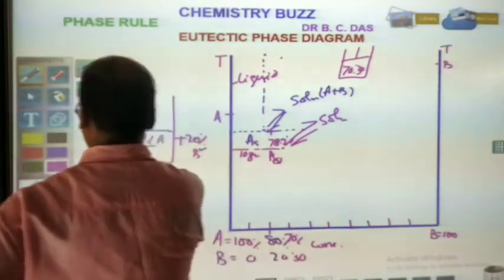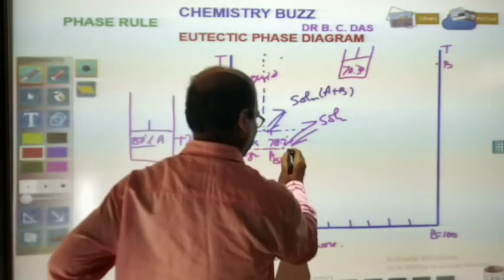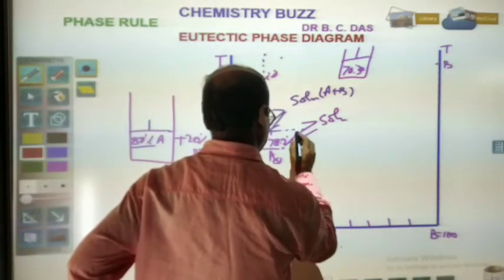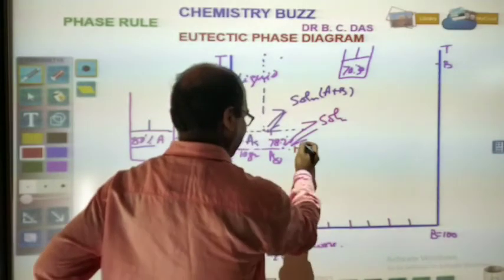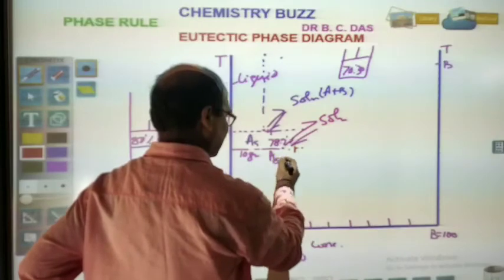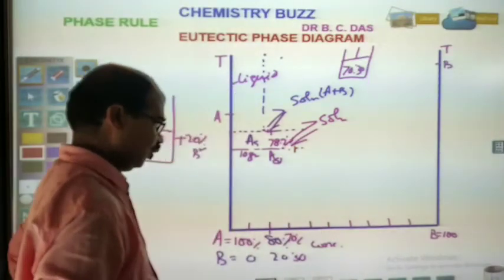The percentage composition of the solution may be somewhat here, and this composition of the solution and solid A are in equilibrium.